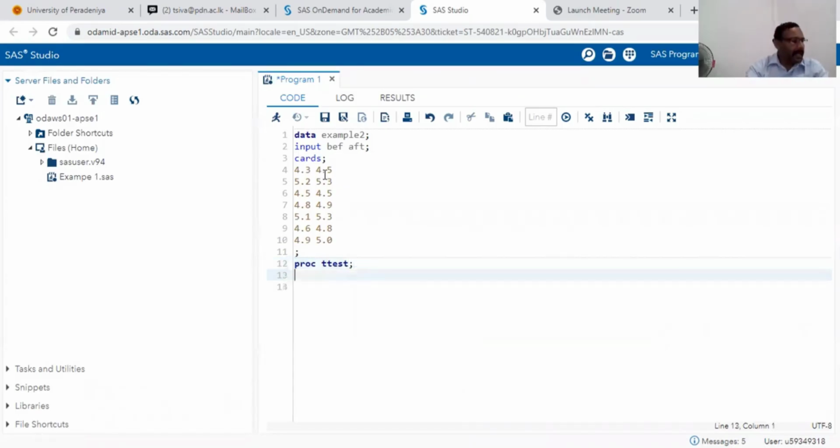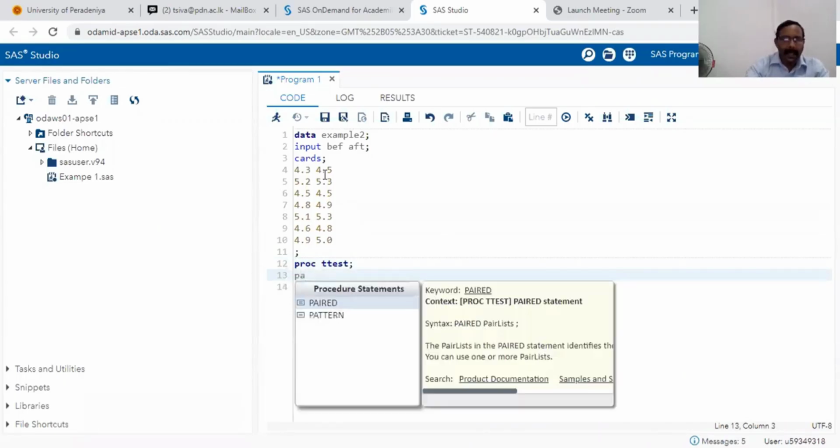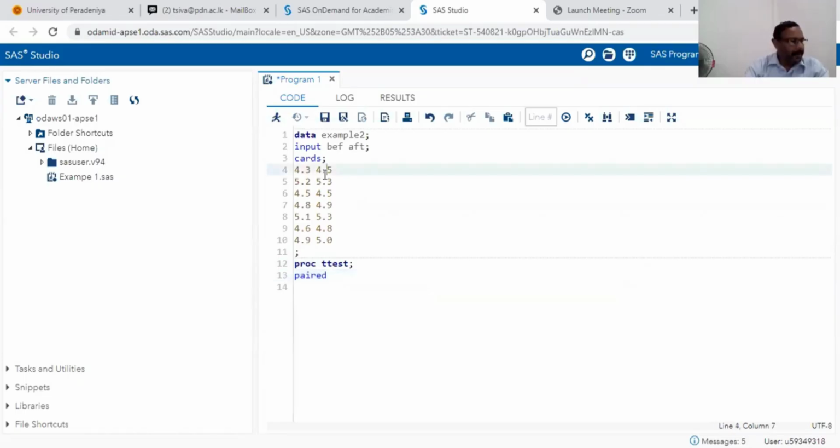Otherwise, we can do the t-test paired, right? Paired, before into after, run.